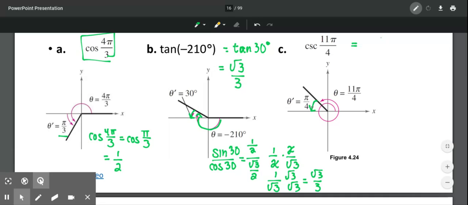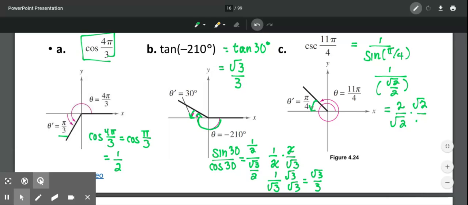Let's use reciprocals. So that would be the same thing as 1 over the sine of pi over 4. The sine of pi over 4 is root 2 over 2. So the reciprocal of that is 2 over root 2. And if we rationalize, you get 2 root 2 over 2, which would just simplify to be the square root of 2.